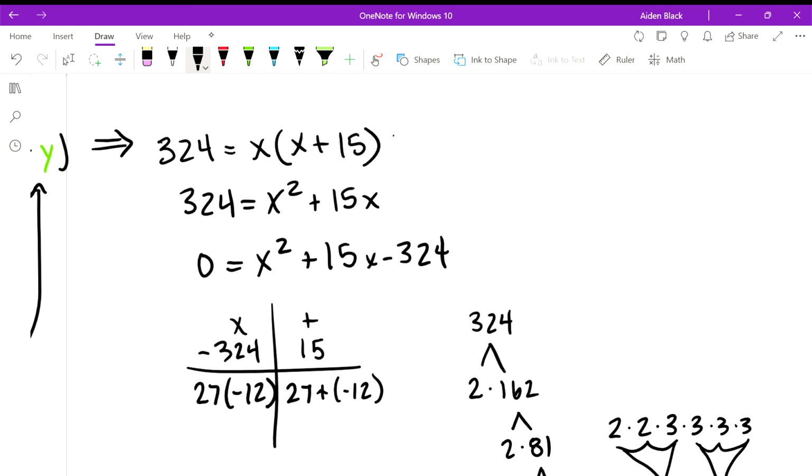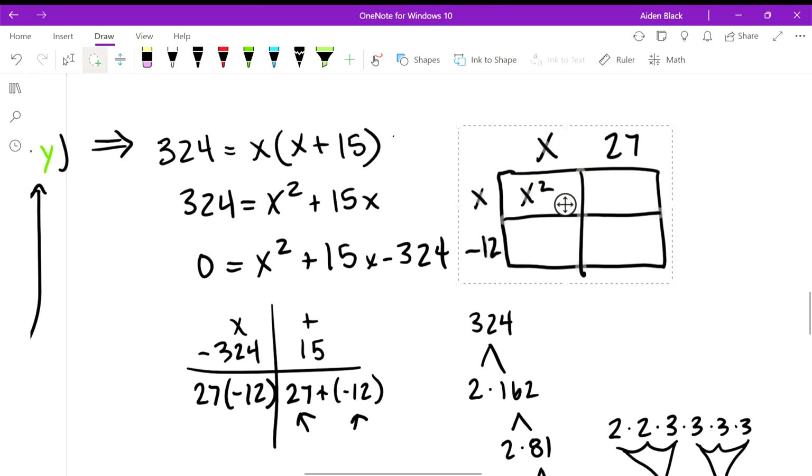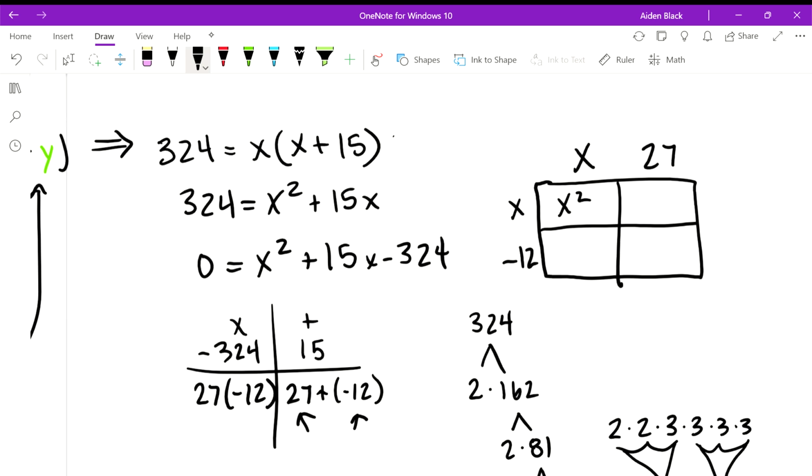So that we can use the box, splitting this term into 27x and negative 12x. But at the end of the day, since the leading coefficient here is 1, I know that it's just going to be these two numbers that go right here, 27, and right here, negative 12. So x squared, this one would be 27x, this one would be negative 12x, and this one would be negative 324.